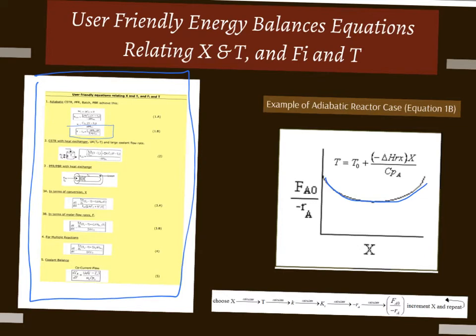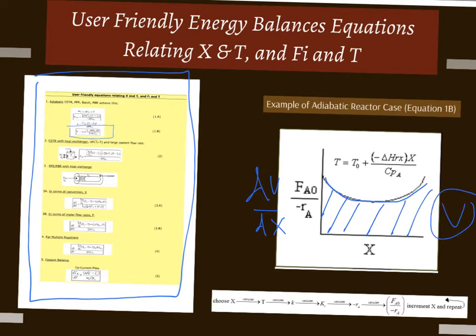The FA0 over negative rA, if you remember, is just the derivation of dV over dX of a plug flow reactor. And then you remember that for a plug flow reactor, the area under the curve represents the volume of the reactor.